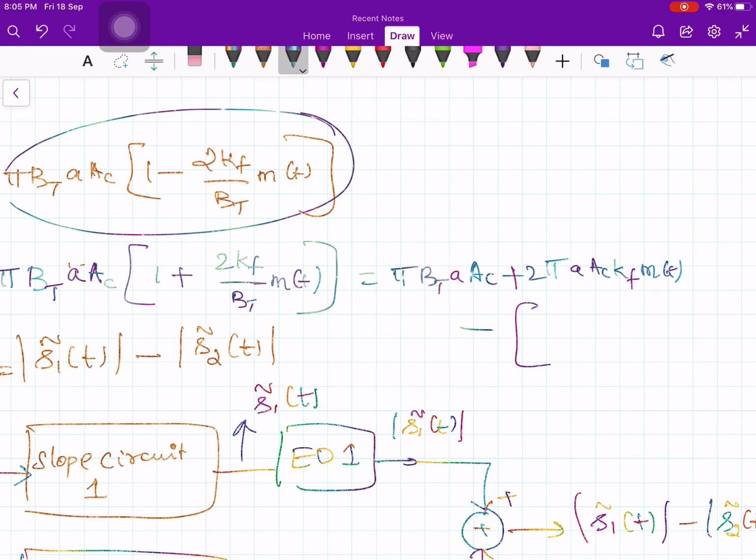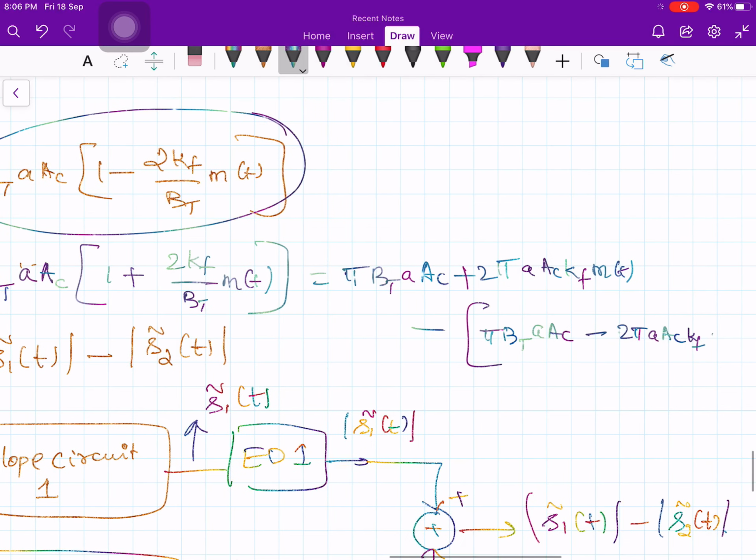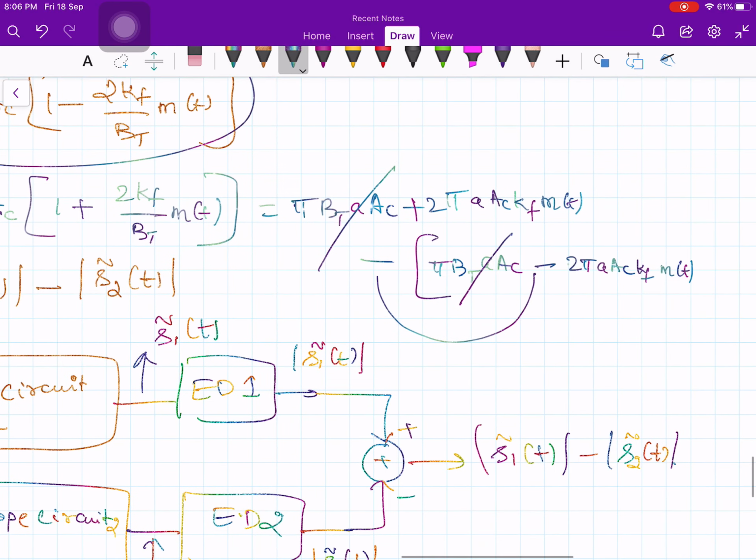So this is equal to pi b suffix t a AC. This minus into minus becomes plus. Again it will become plus 2 pi a AC kf m of t, and this minus becomes plus, and this term will get cancelled. So your final answer is 4 pi a capital AC k suffix f m of t.